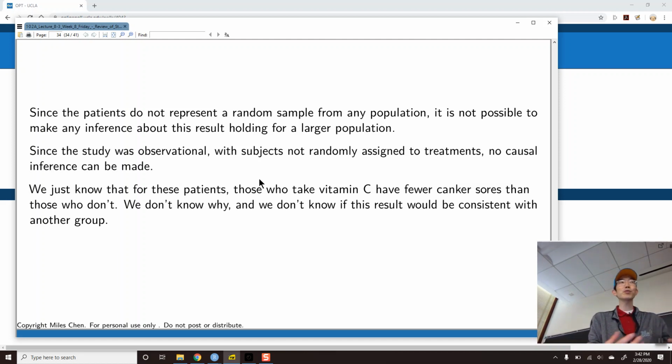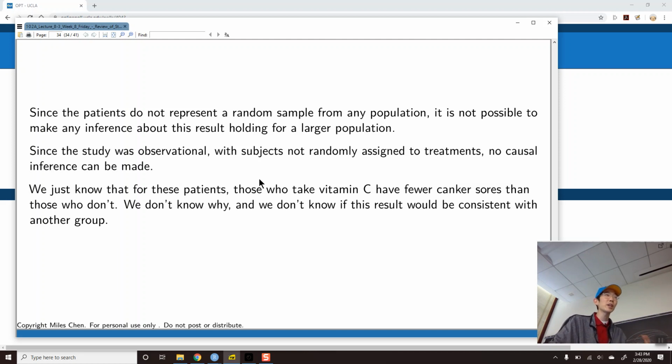And so maybe those who do take vitamin C, if you're the type of person who takes a multivitamin, are also more likely to practice other healthy practices, right? Versus other people, I don't know. And so basically, because it's not a random sample, we cannot generalize to a larger population.